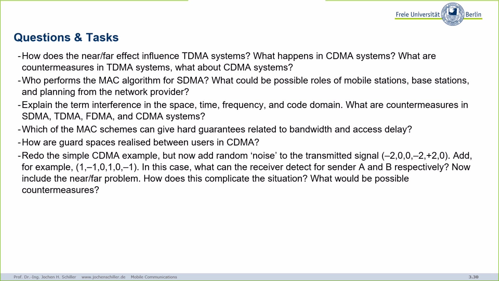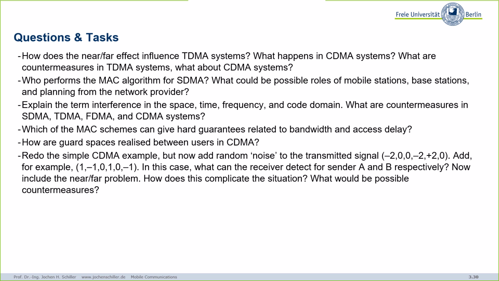And we saw ALOHA. ALOHA under low load has no access delay. Great. Under high load, well, you have a problem. You cannot guarantee anything with ALOHA. No hard guarantees. So ALOHA, you cannot use it.